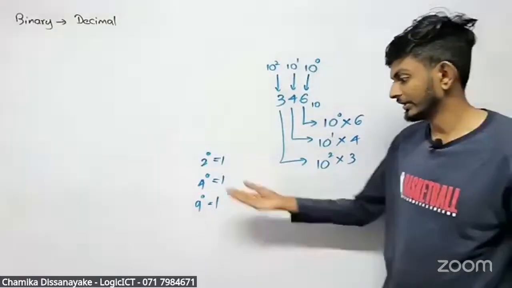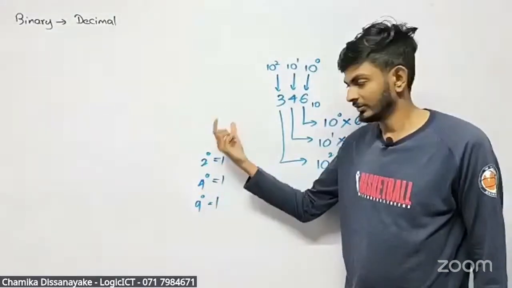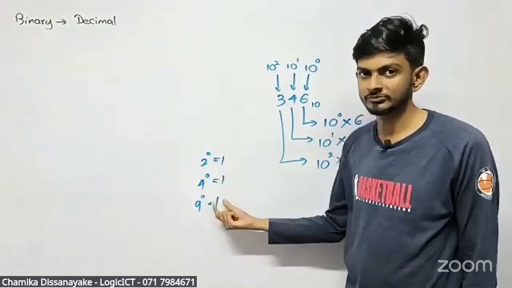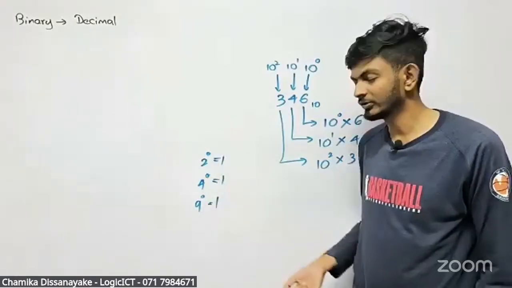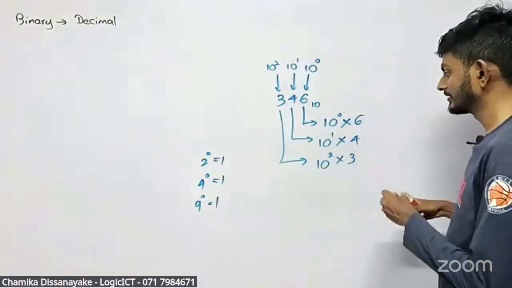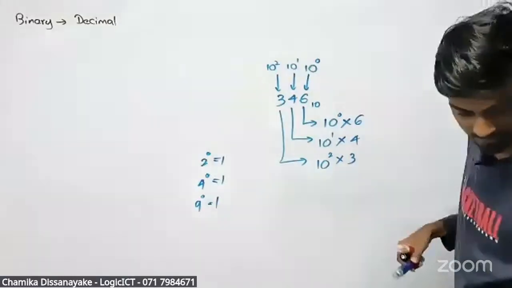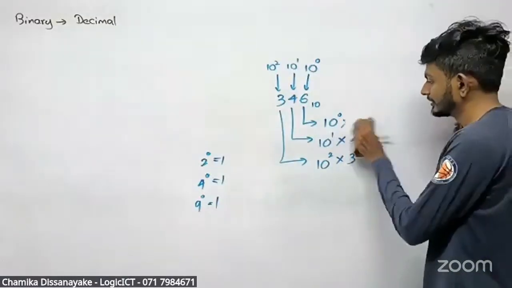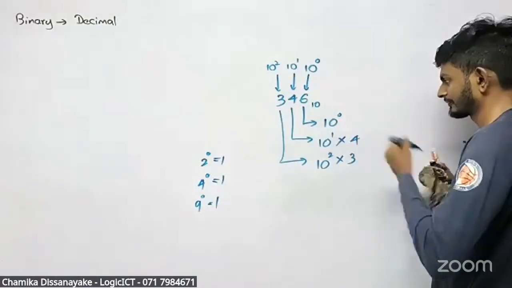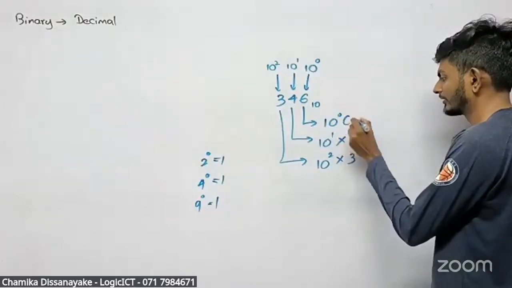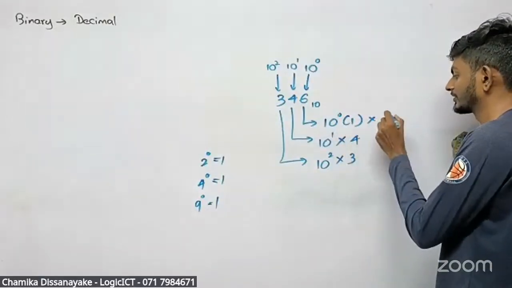Any number to the power 0 is equal to 1. So here I can write this one inside the bracket as 1 multiplied by 6.